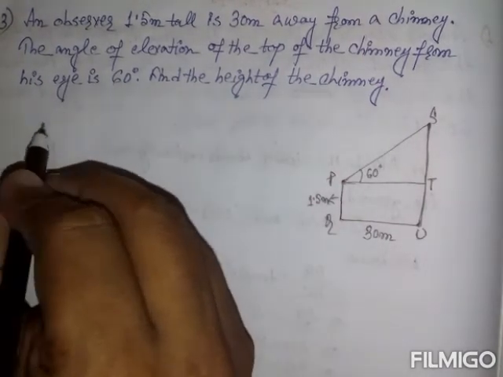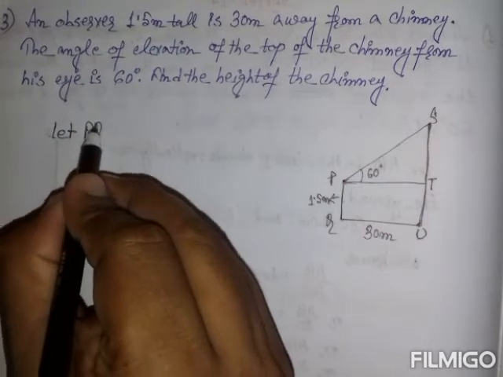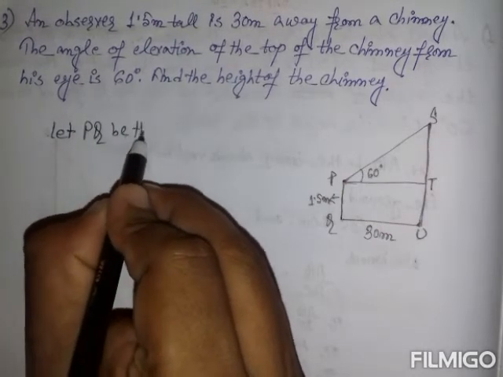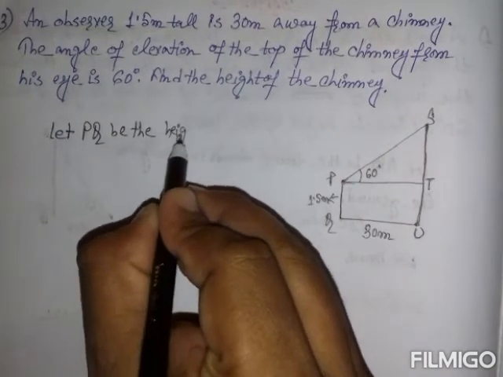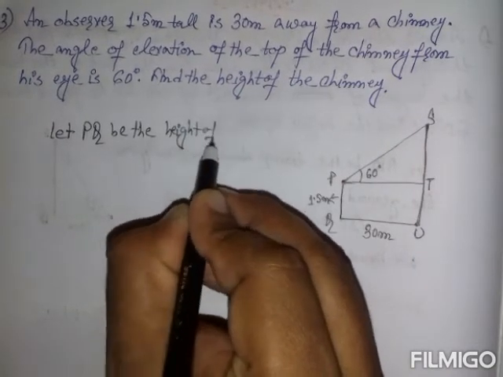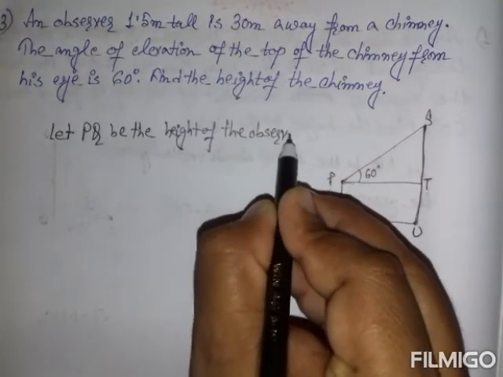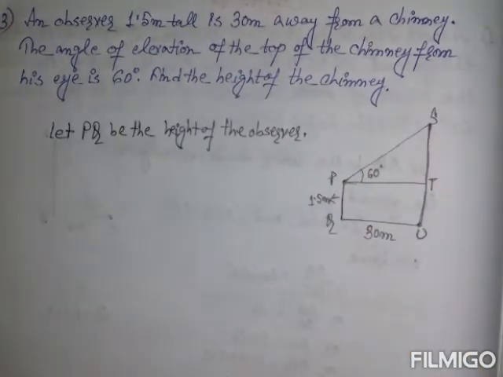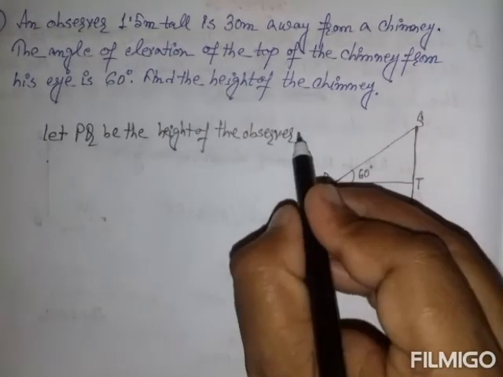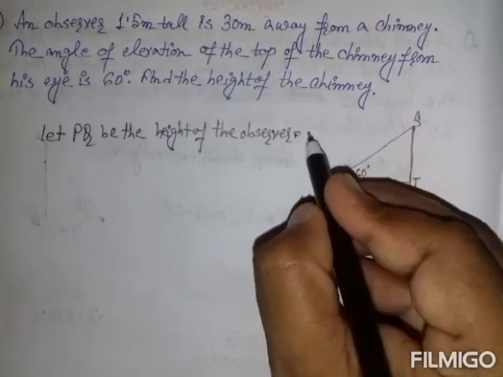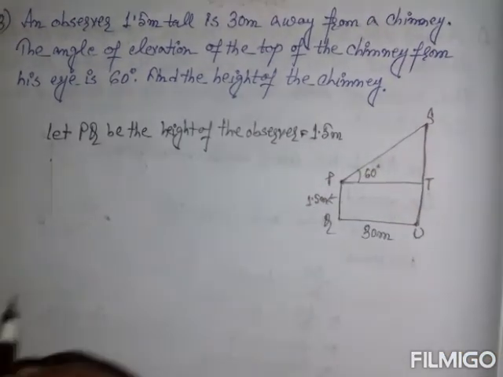Now let PQ be the height of the observer, which is equal to 1.5 meter.